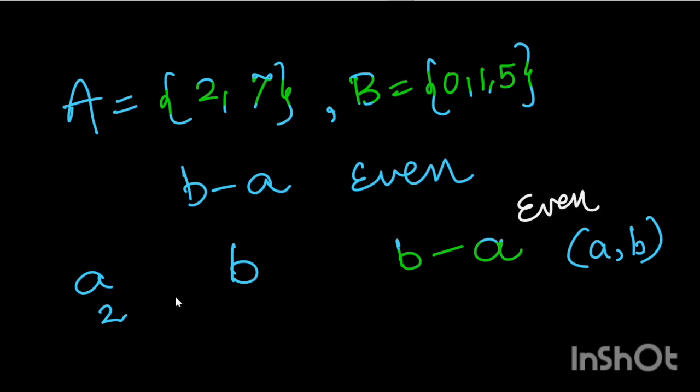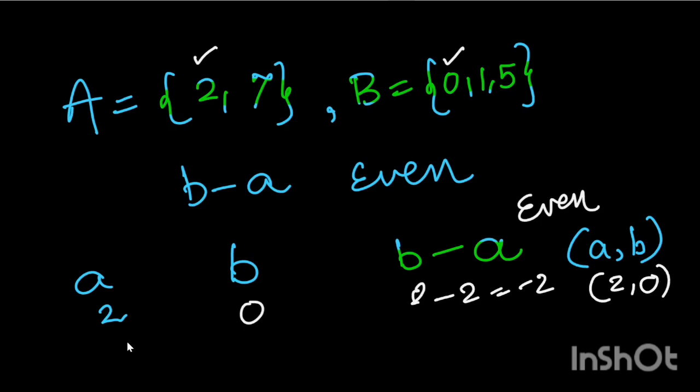If I take a as 2, which value from 0, 1, 5 do we need to take so that b minus a is even? Clearly it is 0. So b minus a, 0 minus 2 is minus 2, which is even. So the answer is 2 comma 0. Similarly, what else?